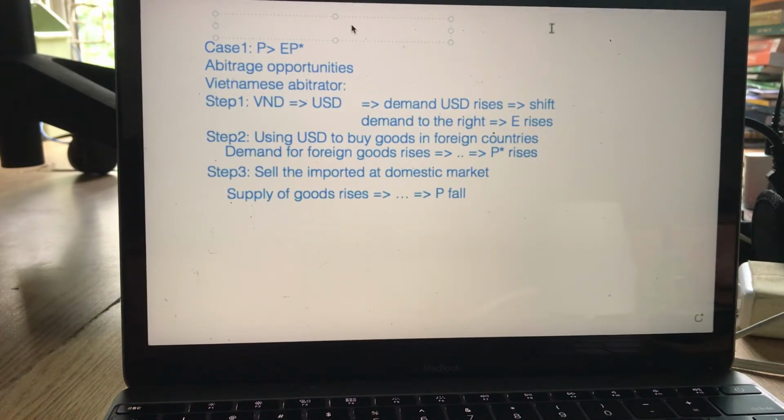Here I suppose that we have the floating exchange rate regime, and in this regime, we allow the exchange rate to fluctuate. So E increases here, but we can make an analysis in the case of the fixed exchange rate regime.